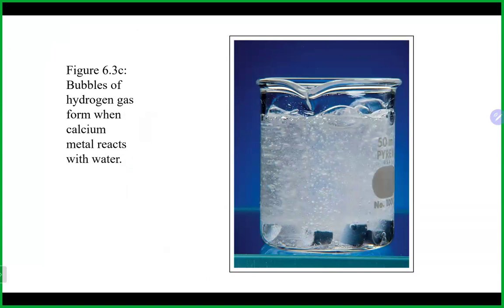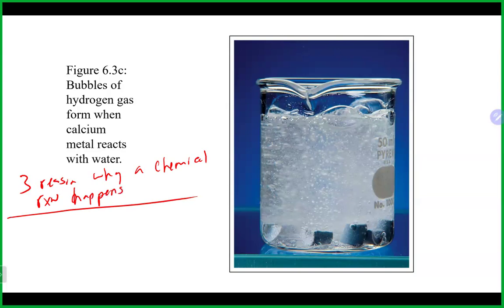In terms of a chemical reaction, as we'll talk about in a later chapter as well, there's really kind of 3 reasons why a chemical reaction occurs, sometimes referred to as the driving forces for a chemical reaction.